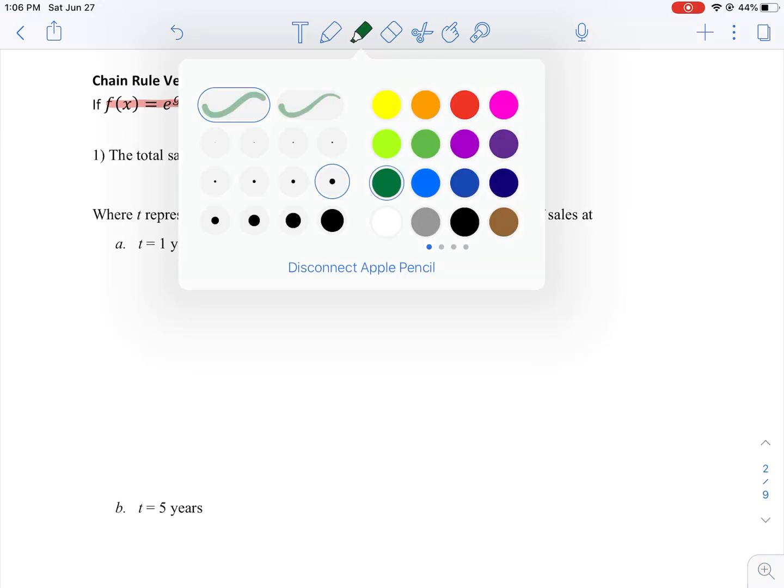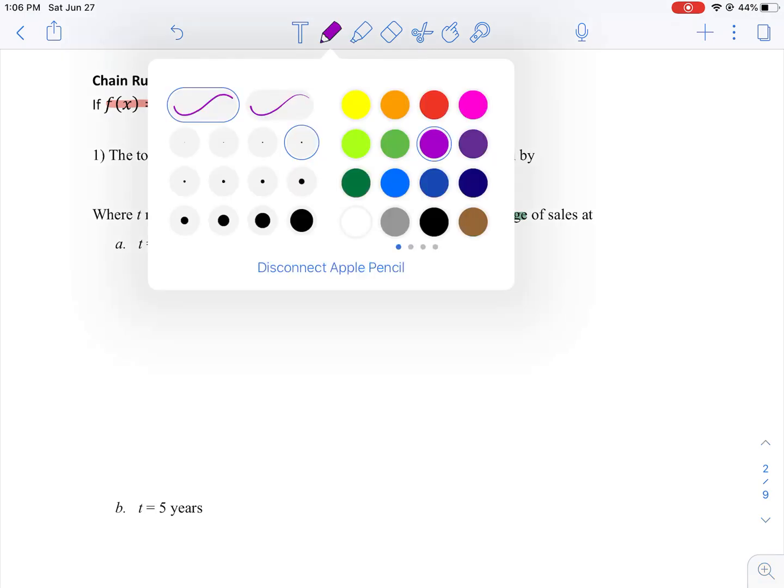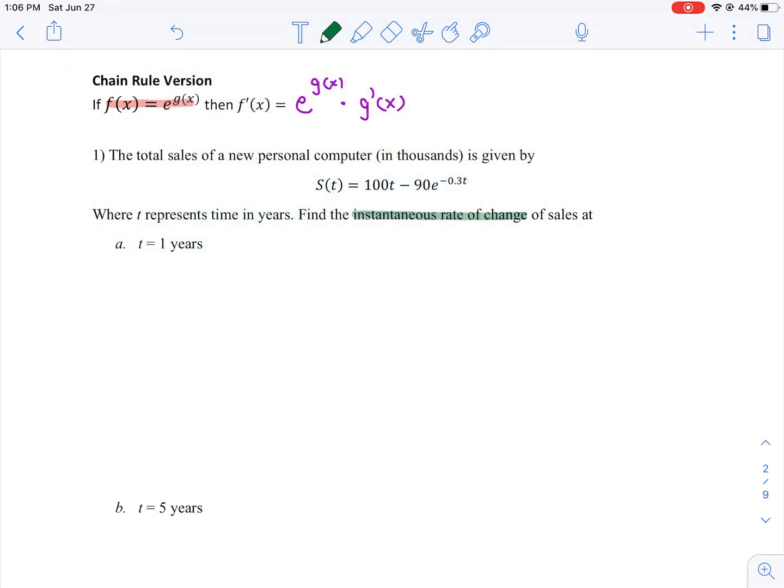So we don't see the word marginal anywhere, but we do see the words instantaneous rate of change. And when a problem asks for instantaneous rate of change, that is measured by taking the derivative.